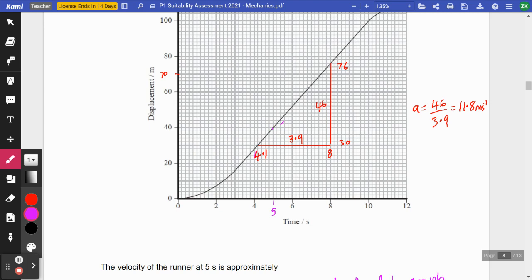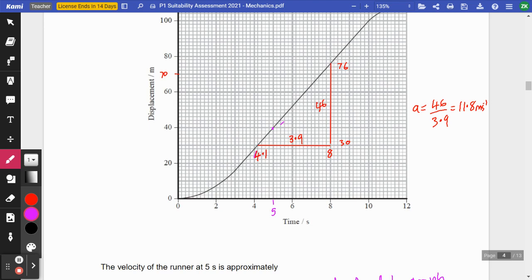Unfortunately, we can't just pick a value and then do the displacement over the time, because that line does not cut across to 0 if you extrapolate it back. So if you just picked the displacement at 40 and divided it by 5, that's the incorrect technique.